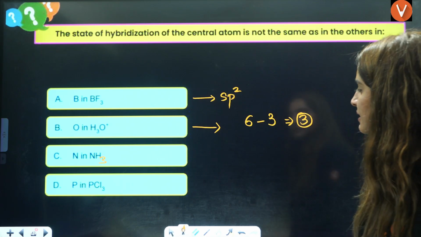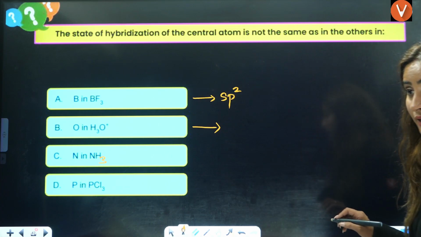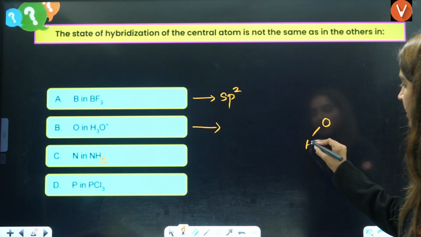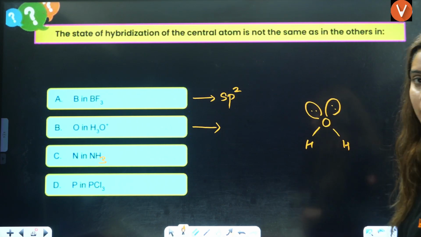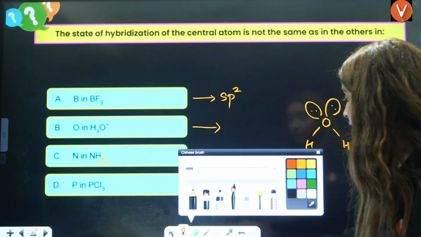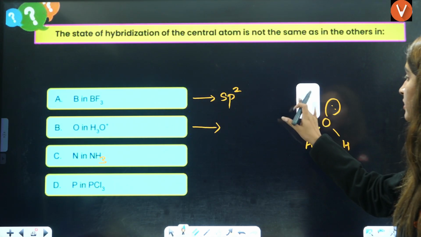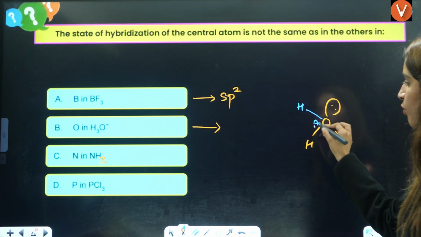Right? Now here, can you tell me one thing, what is happening here? This is H2O, this is oxygen, this is H, this is H, this is one lone pair, this is one lone pair. One hydrogen is further attached, and here you have positive.